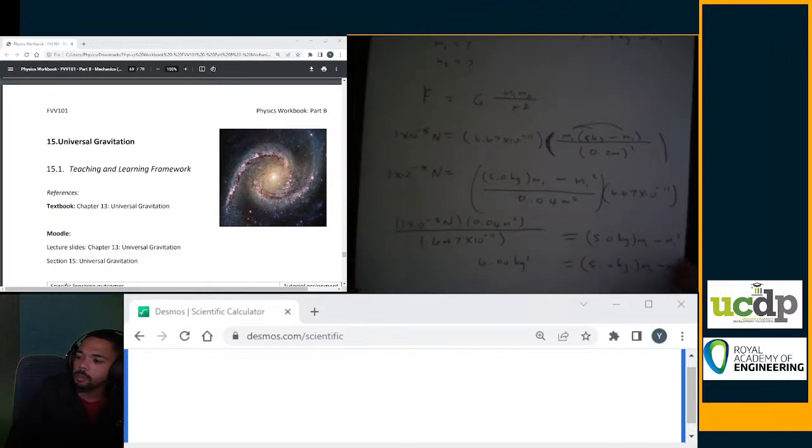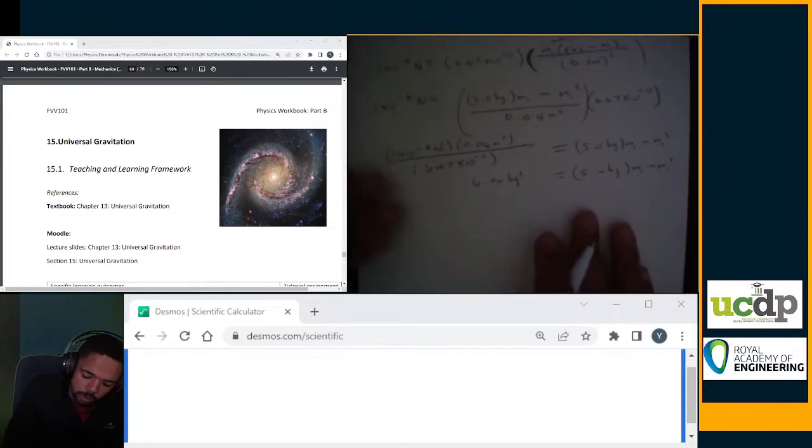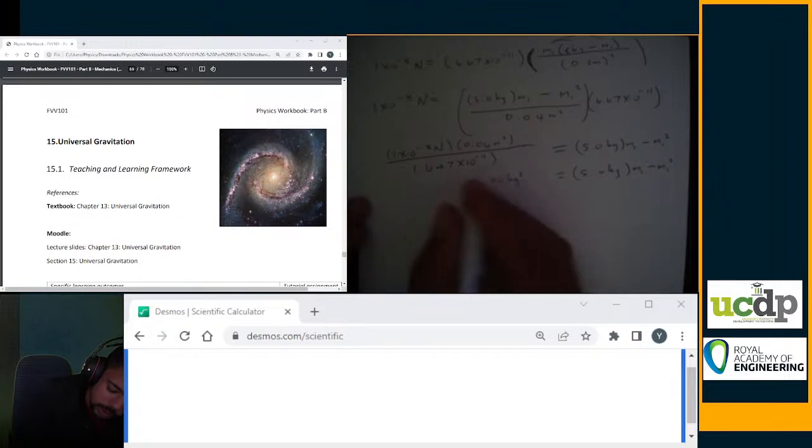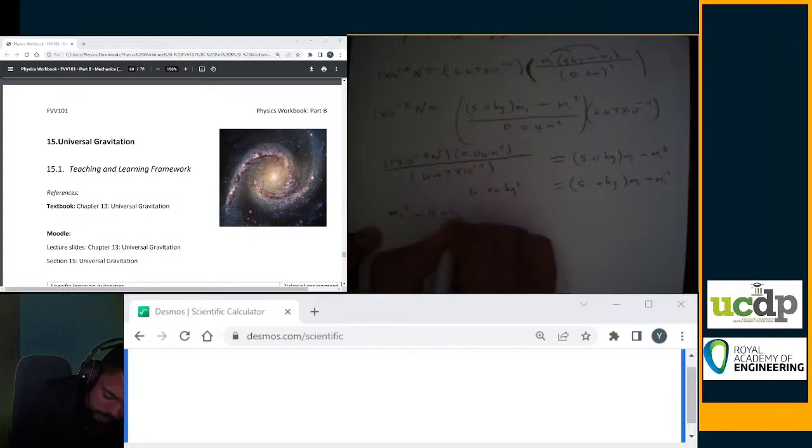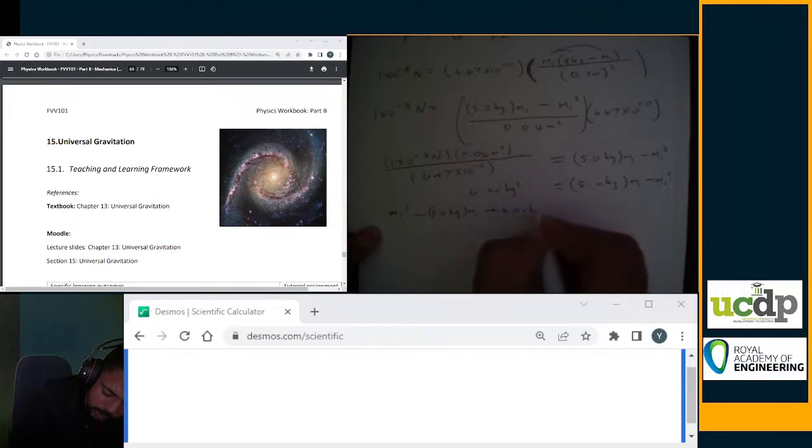Now continuing, we get the following. If we put them all on one side, we get m1 squared minus 5 kilograms m1 plus 6 kilograms squared equal to 0.